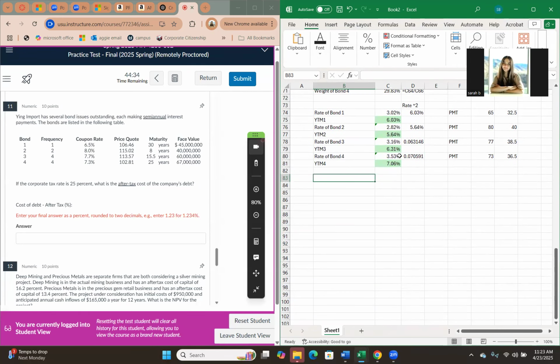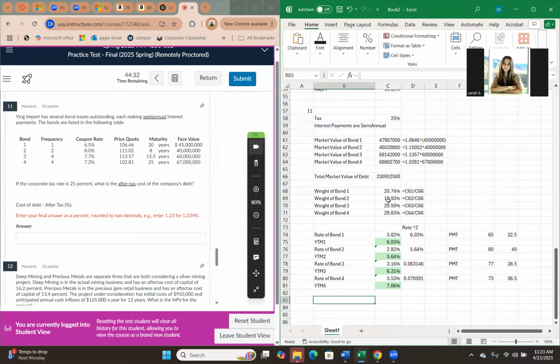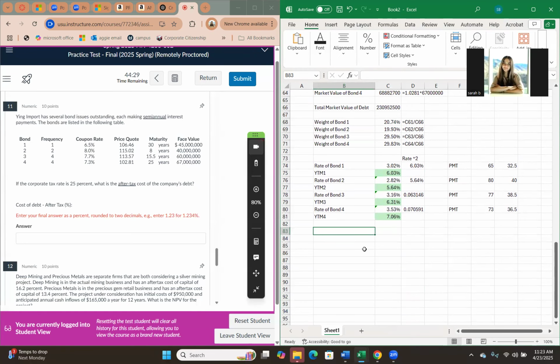Now that we've got our yield to maturities of all of these and the weightings of all of these, we're going to find that weighted average yield to maturity, which is just going to be equal to the weighting times the yield to maturity. So the weighting of bond one is 20.74%. We're going to multiply that by the yield to maturity of bond one, which is 6.03%.